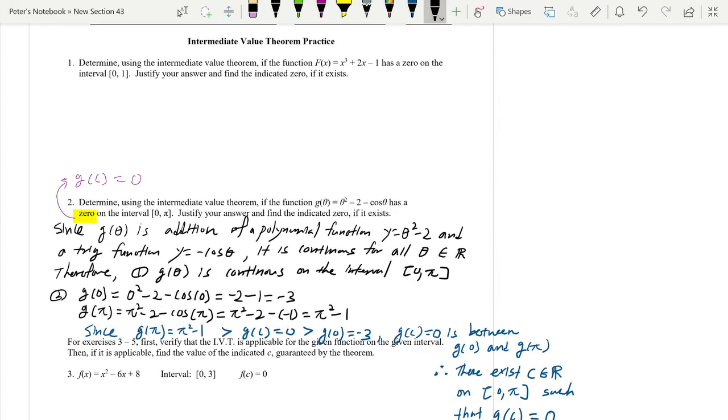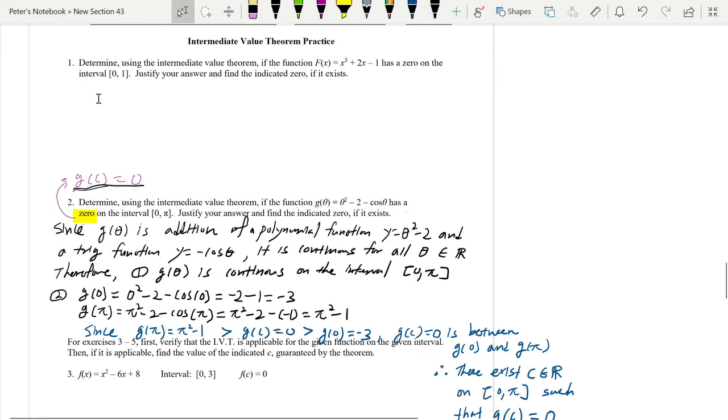Here it doesn't say g of c, but when they say the function has a 0 on the interval of 0 to pi, or the function has a value of 1, or 5, then you have to automatically think: what value of c, when I find the output using the g function, will give me that value? In this case, it happened to be 0.